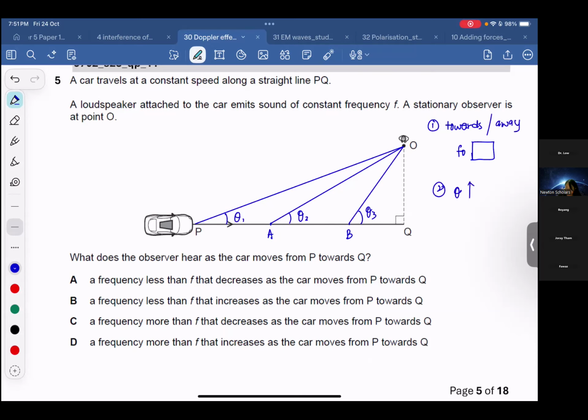Am I right? If the angle increases, according to our formula, V minus or plus Vs, you have to decide whether it is towards or away, times the source frequency. So at here, you have to ask yourself, Vs, this one is Vs due to the source.